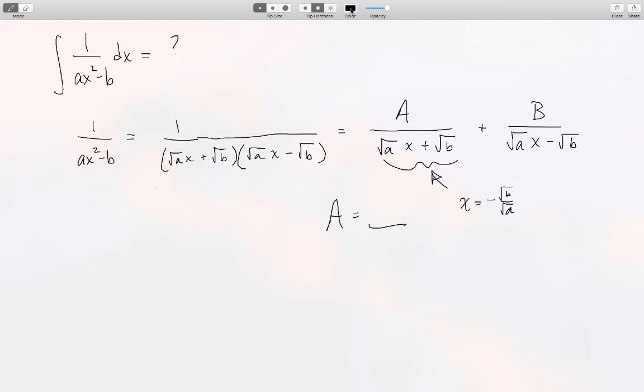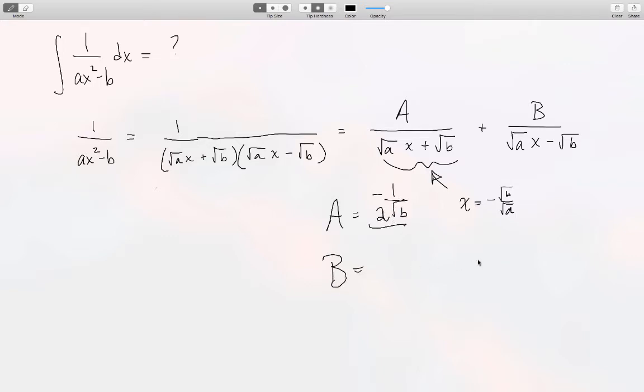So yeah, I cover that one up, and I plug this in here for x, and I'm going to see that the square root of a cancels, and I get a minus root b and a minus root b, and so I'm actually getting A is, trying to do this in my head, negative 1 over 2 root b.